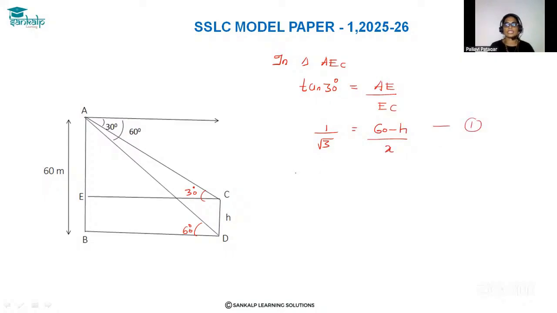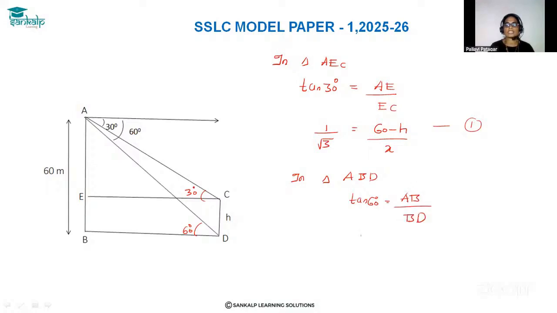So in triangle ABD, tan 60 degree is equal to opposite side by adjacent side. Here the opposite side is AB divided by the adjacent side BD.